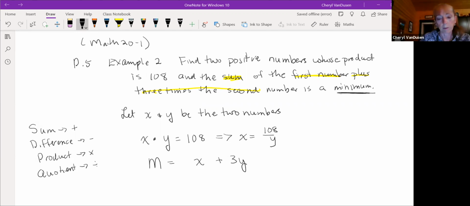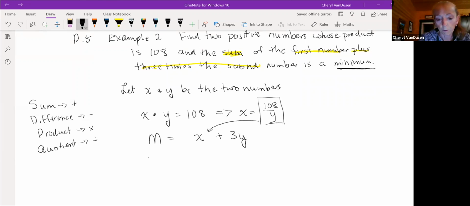Like I say, it doesn't really matter which way we go about doing this. Then we take this expression and substitute it in for the x. This falls back to something that you would have learned in grade 10. So we get 108 over y plus 3y is the minimum.